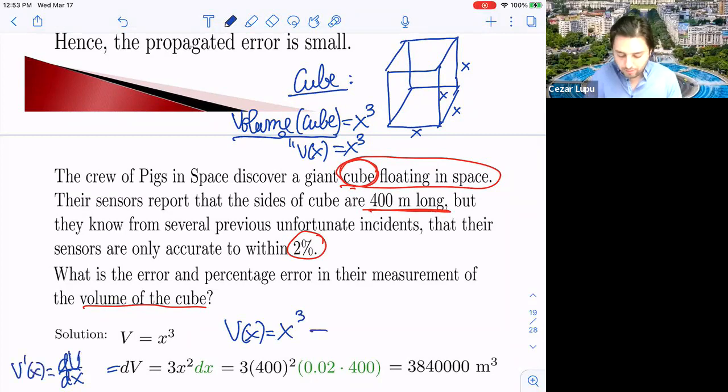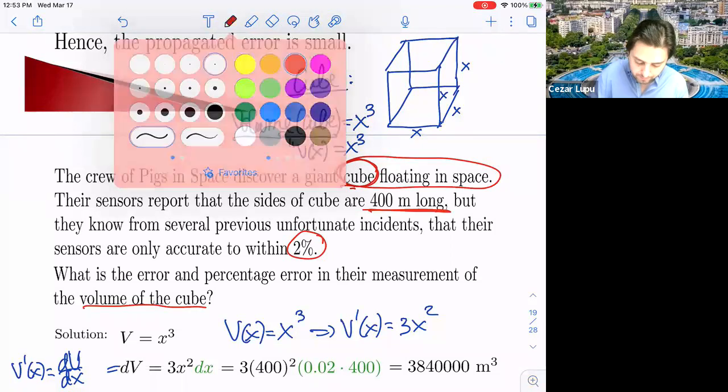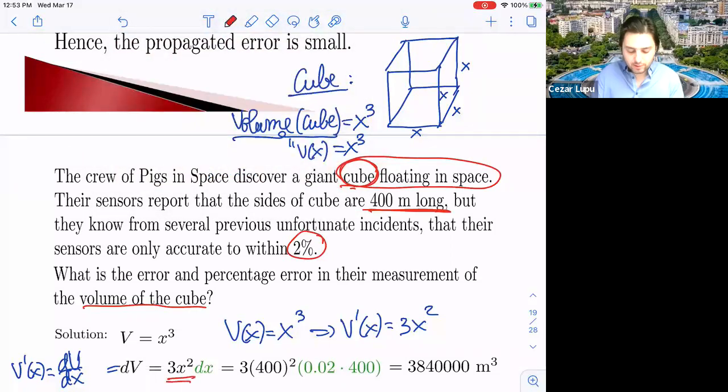And v prime of x is nothing else than just 3x squared that you see here. Or if we want this in terms of the differential, dv will be 3x squared dx.